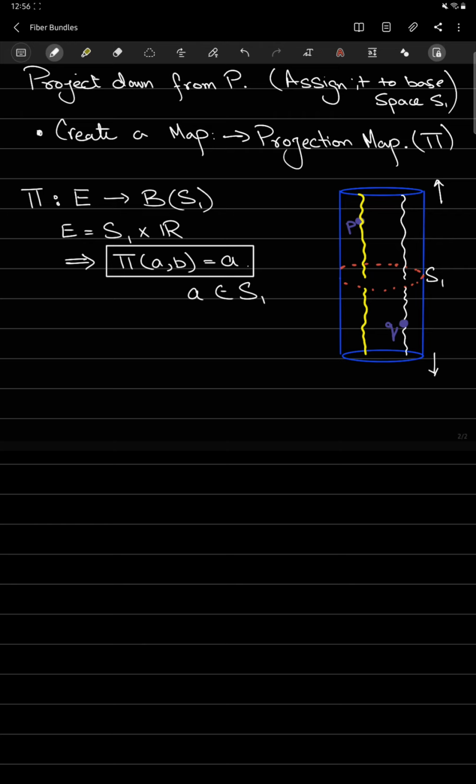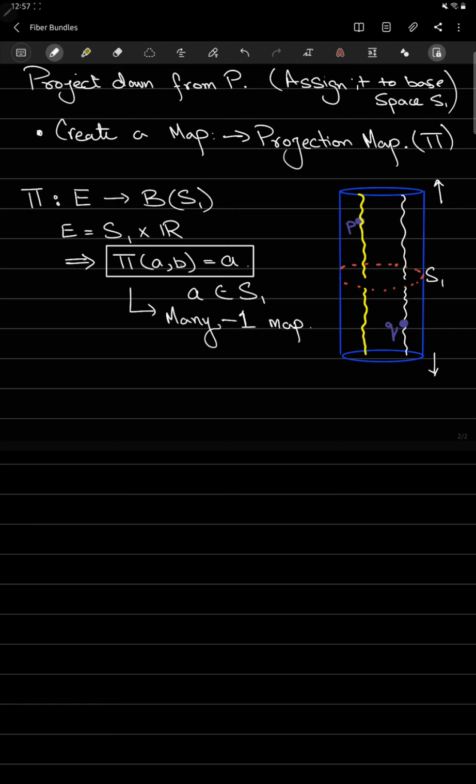I hope it's clear. And let me also mention that this map is pretty straightforward: it is a many-to-one map, right?